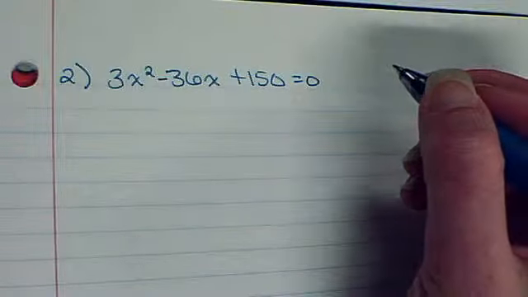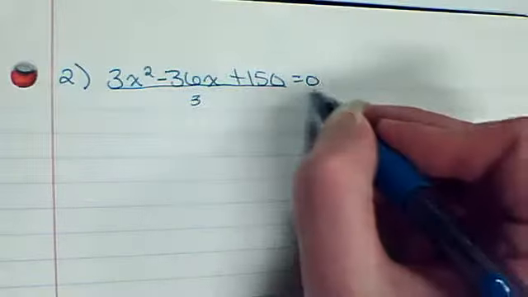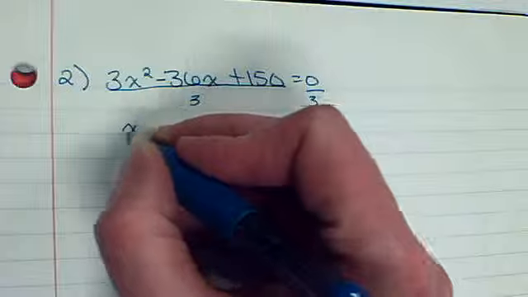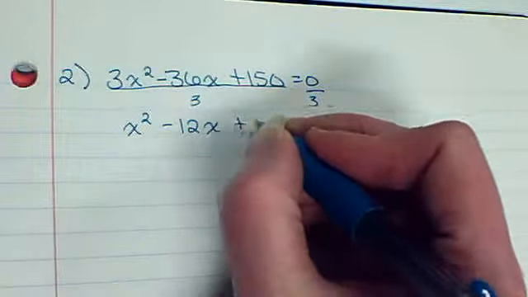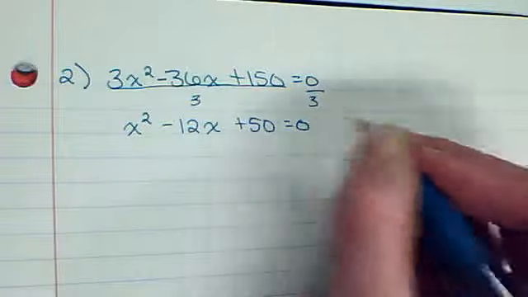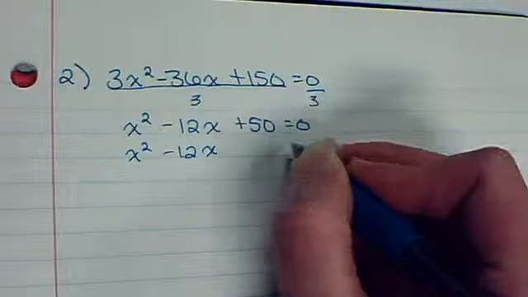It doesn't matter. I'm going to divide by it anyway. I'm going to divide both sides by the 3. Divide this side by 3. Divide that by 3. And I get x squared minus 12x plus 50 equals 0. X squared minus 12x. I can't believe I used the same one.